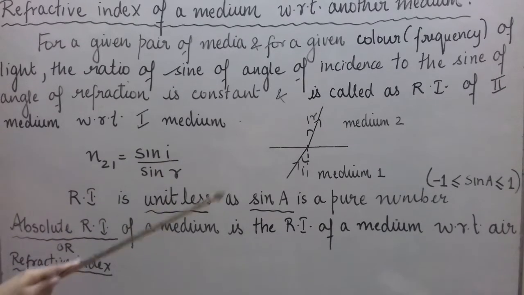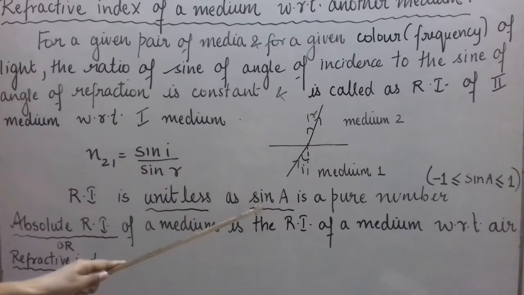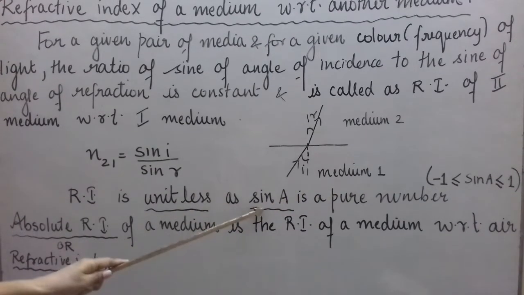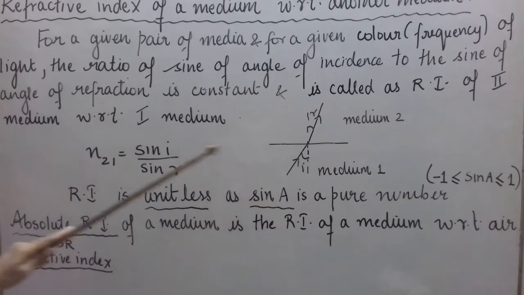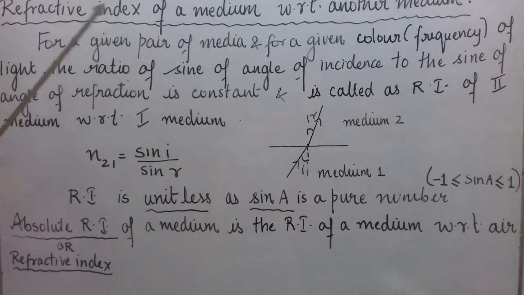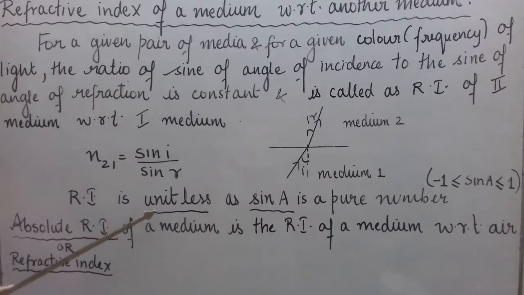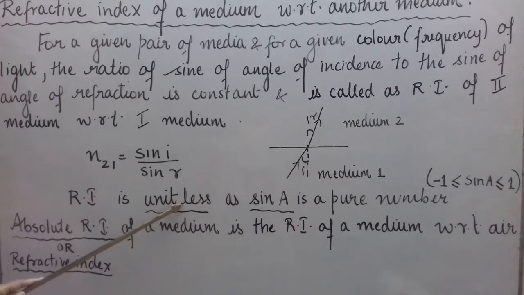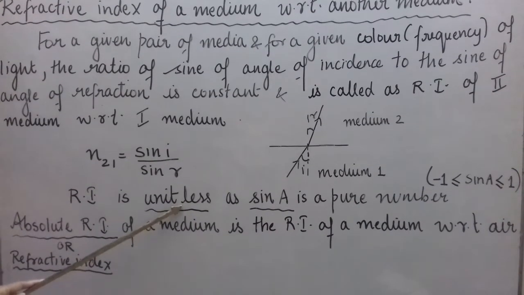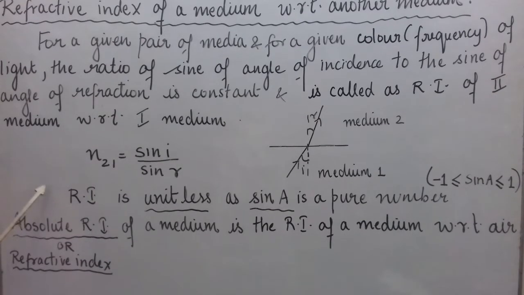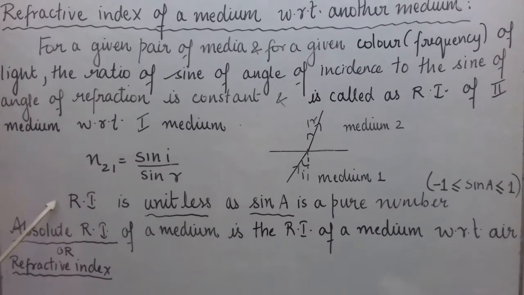And also remember, sine of any number is a pure number whose value lies in that range, so it is a pure number, meaning without any unit. So if this is without unit, this is without unit, we can say refractive index of a medium with respect to another medium is also unitless. It does not have a unit, it is also a pure number. Now this is relative refractive index because we are defining it with respect to any medium.